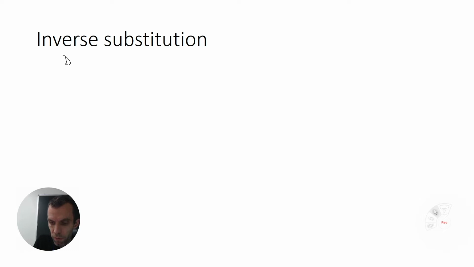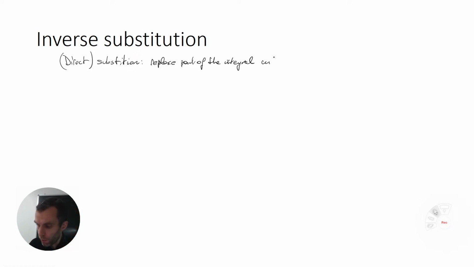So for direct substitution, or just substitution, what you did is you replaced a variable in your integral by an expression, and that then let you simplify the integral. So you replace part of the integral with a new variable.